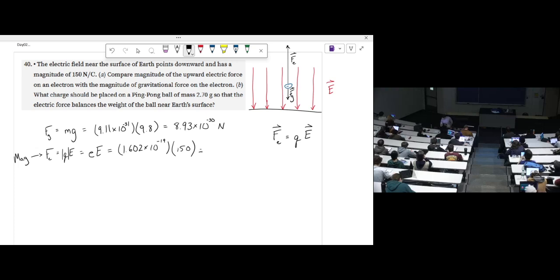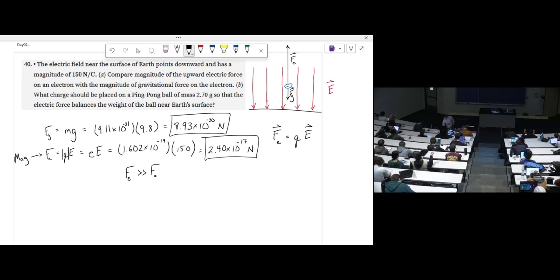And that comes out to be 2.4 times 10 to the minus 17 newtons acting upward on this electron. 13 orders of magnitude stronger, so over a trillion times stronger. Specifically, let's see, I think that's all they're really asking for here, is just asking you to show that the electric force is much, much greater than the gravitational force.